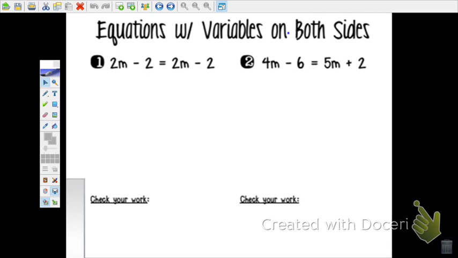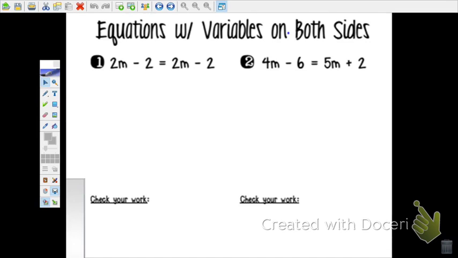When we have a variable on both sides of the equal sign, we find that students make fewer mistakes if they start by eliminating one of the variables first. Because we know we've spent multiple days now working with equations that only have a variable on one side. So that's what we want to fix first.